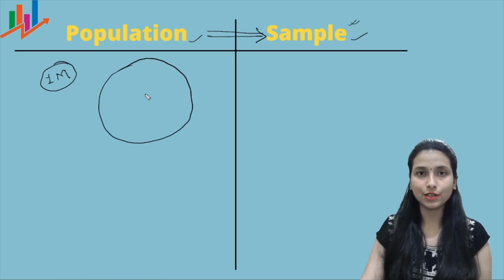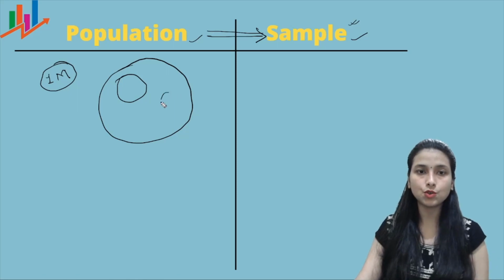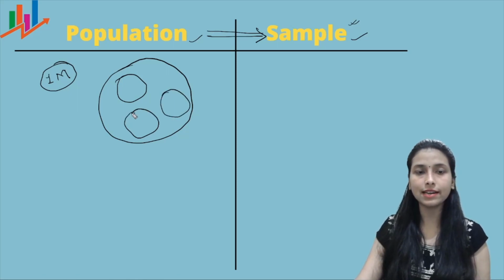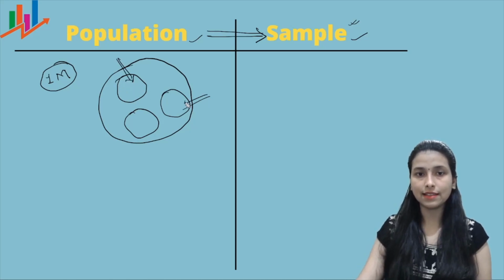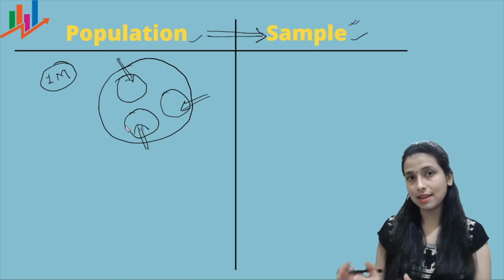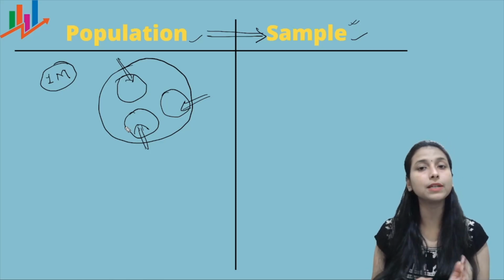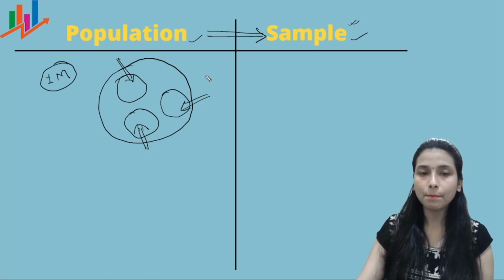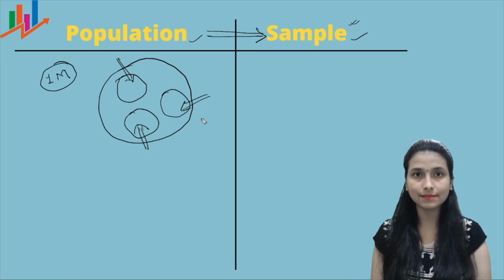Suppose this is the population. What I'll do is choose a certain specified area and ask the people present in this particular area whom they have voted for. By taking these data and performing the analysis on top of them, we will be able to know which party is going to win, the one the people have voted for the most.